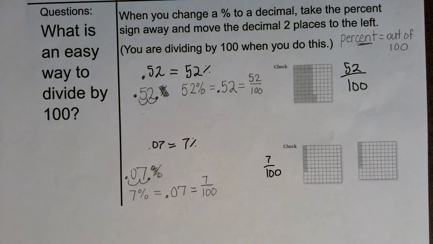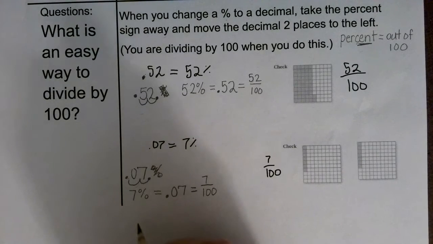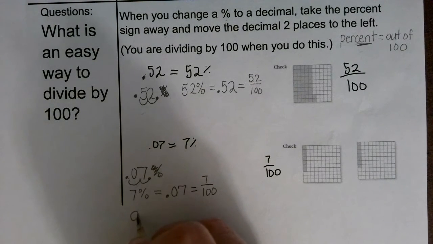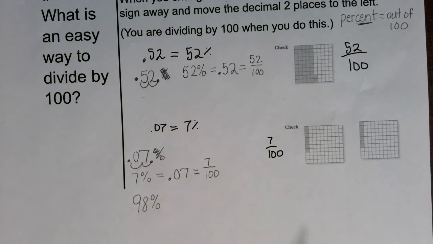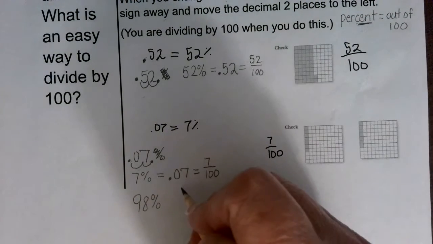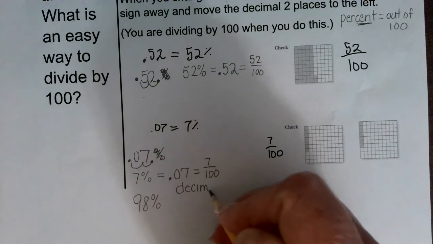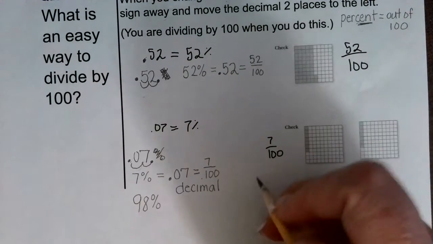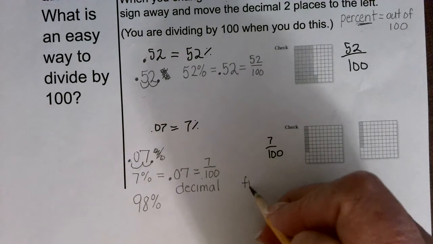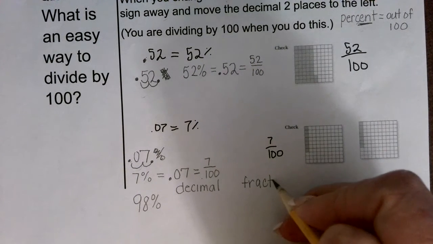Then we did a couple of examples. So we did 98%. We said, go ahead and change 98% to a decimal and change 98% to a fraction.